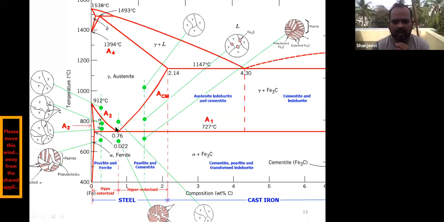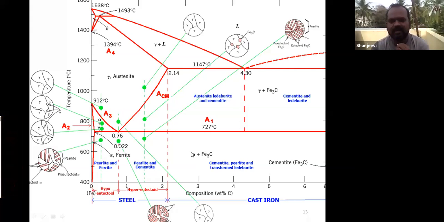And for the eutectoid reaction, above this point is gamma austenite and below is alpha plus Fe3C, that is ferrite. So this is the iron-carbon diagram.